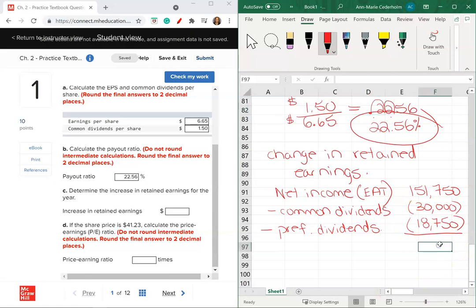So 151,750 minus 30,000 minus 18,750 gives me 103,000. And that's an increase in retained earnings.